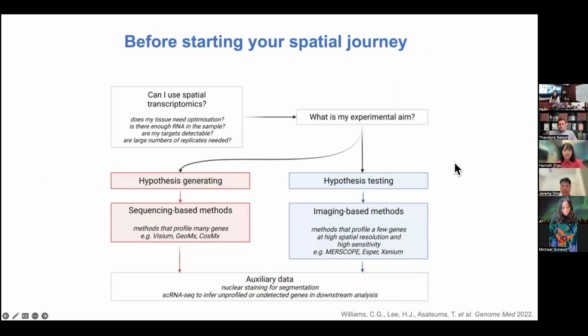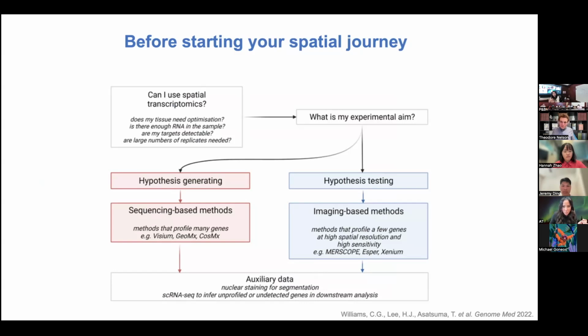And this is where you're starting, right? I already asked the question, can I use spatial transcriptomics or would spatial be useful to you? And then you now question what's my experiment, and why do you need this kind of information?